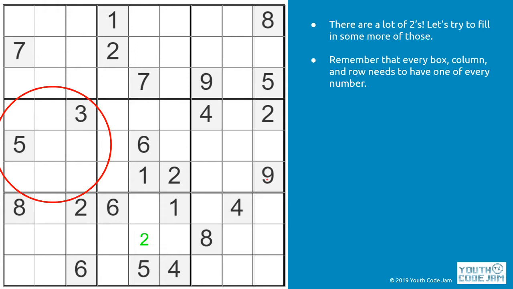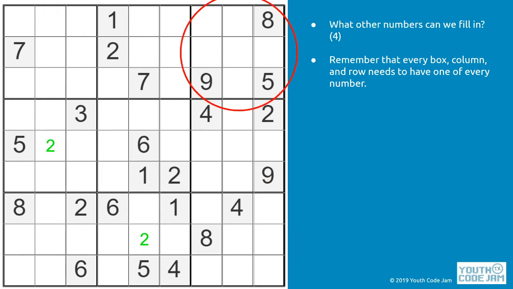What other numbers might we be able to fill in? Looking at this square here, I see that we know exactly where the number 4 is supposed to go. Can you see why? Well, there's a 4 right here, so no more 4s will go in this row, which takes out these 2 squares.